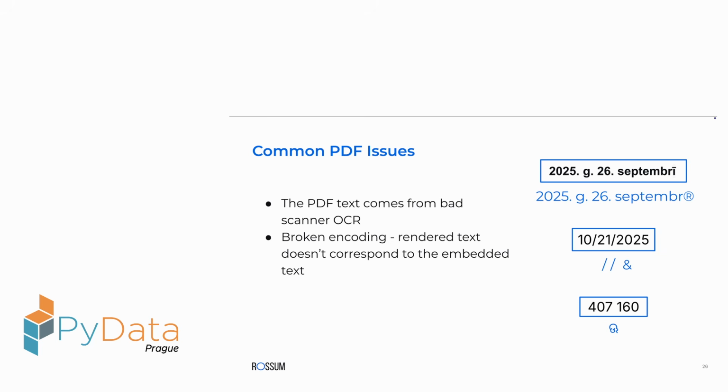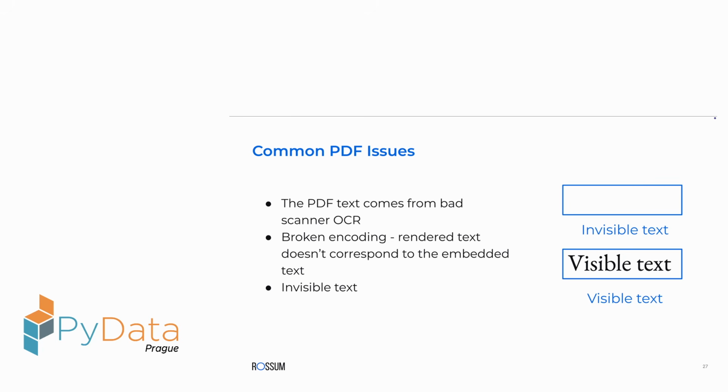Sometimes the whole text is just wrong. Another issue is invisible text. Sometimes someone wants to add some extra information, some metadata, to that PDF. And the best way, apparently, is to put it there as invisible text, which causes some issues for us.